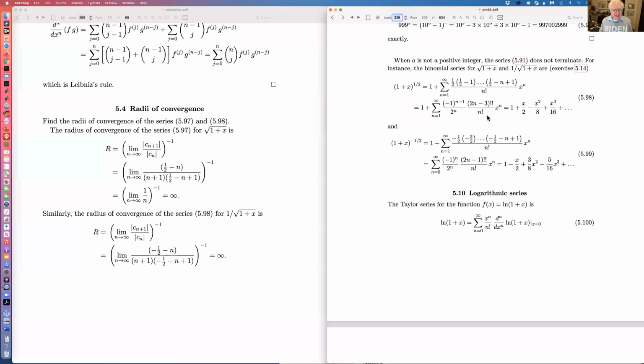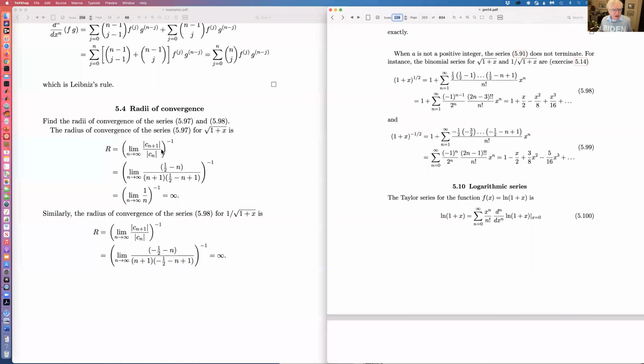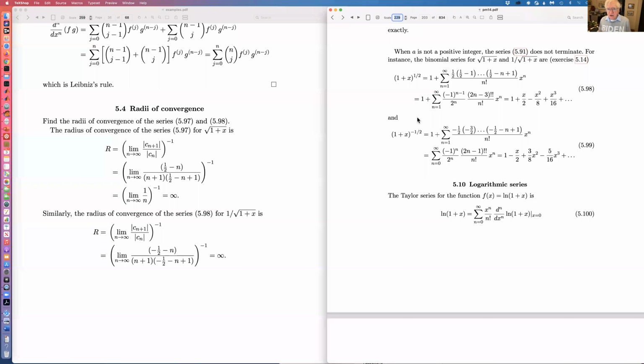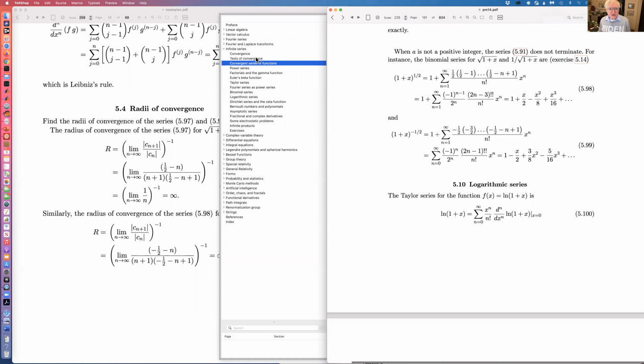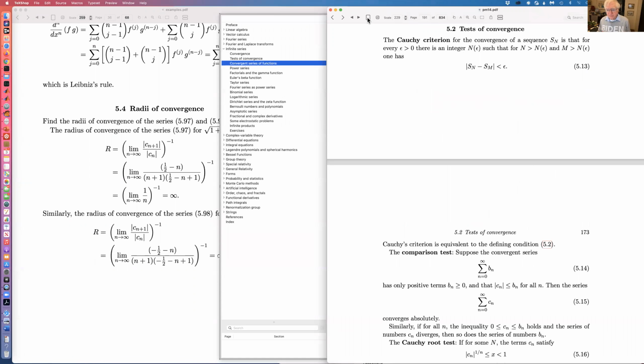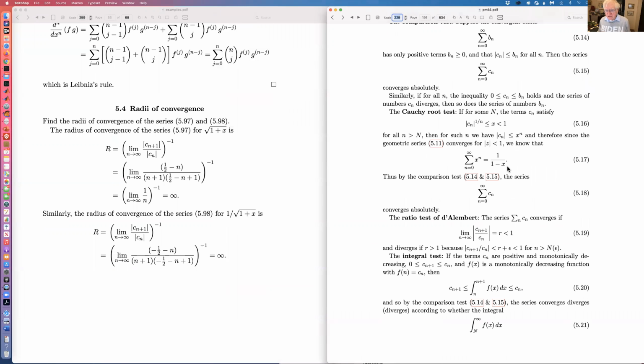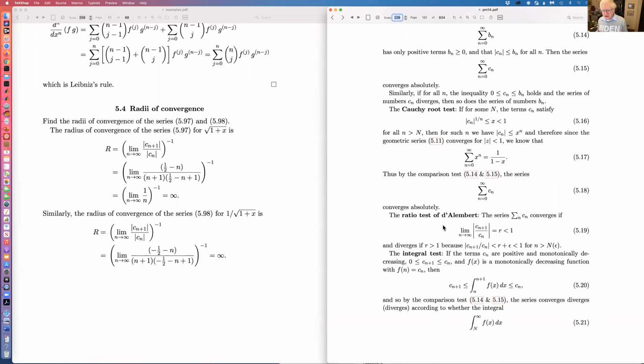The test that one uses is basically this ratio test, which we saw. Let me collapse this and expand that. So, tests of convergence. Here's the ratio test of D'Alembert.